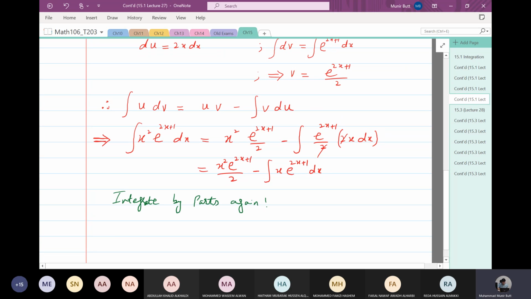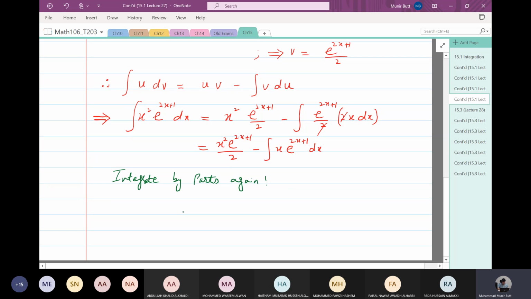So we integrate by parts again to this form. Agree?